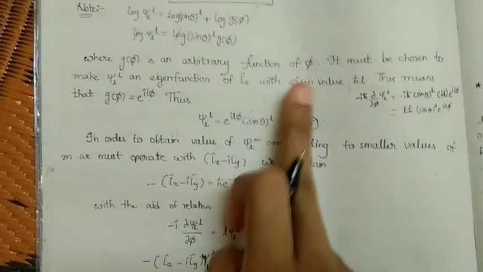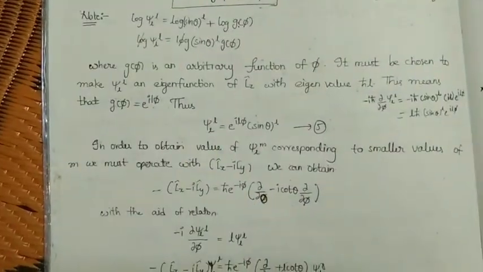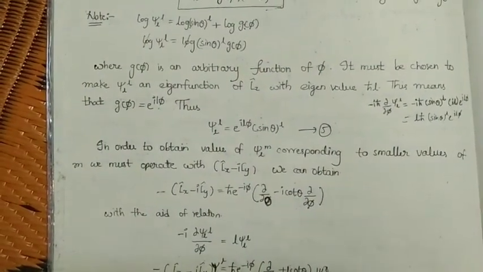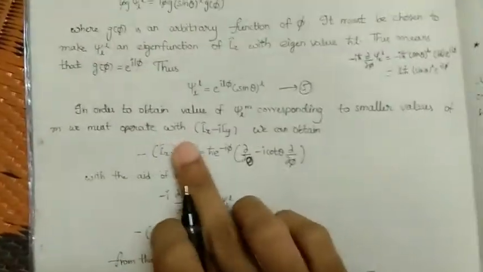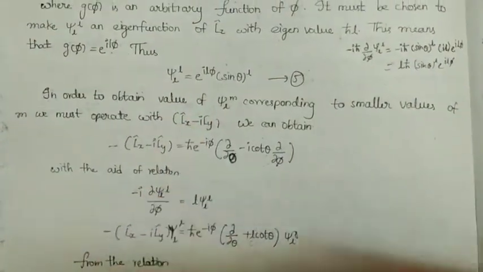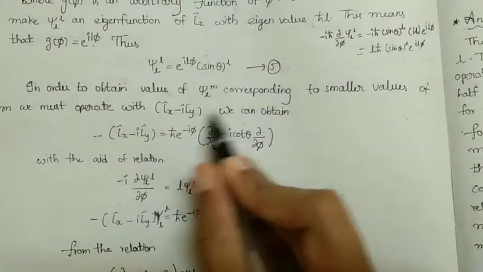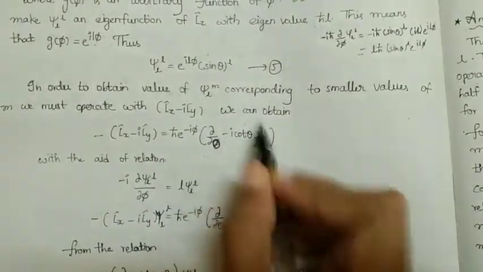So this is the eigenfunction for m equal to l, the maximum possible value of m. For the remaining eigenfunctions, we just need to operate with Lx minus i Ly, which is of this form.